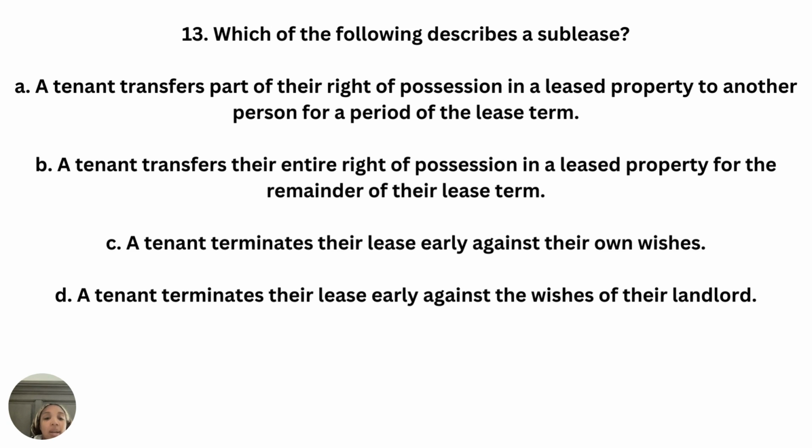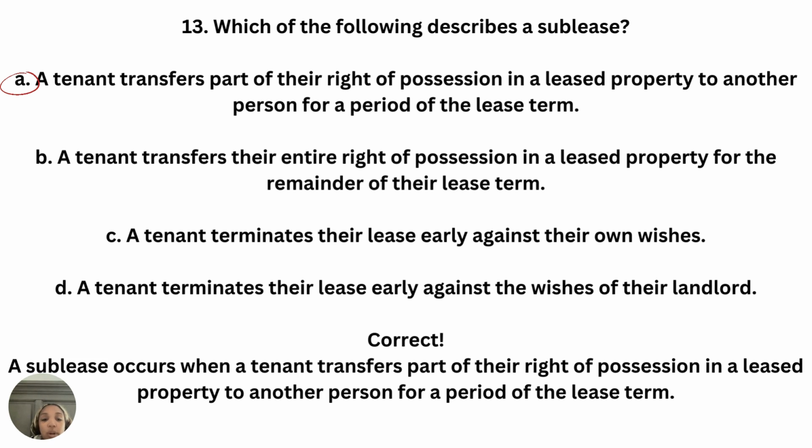Or D, a tenant terminates their lease early against the wishes of the landlord. That is correct, guys. It is A. Most of you on the right track. So basically a sublease occurs when a tenant transfers a part of their rights of possession in a leased property.